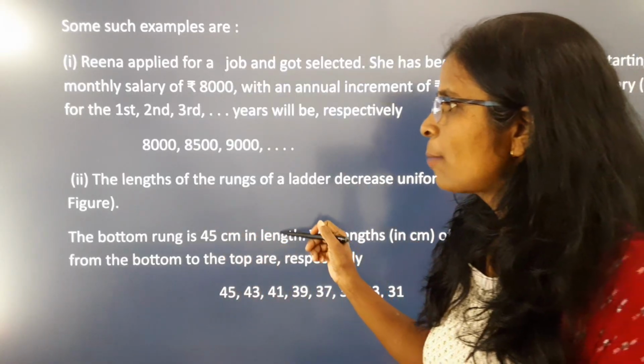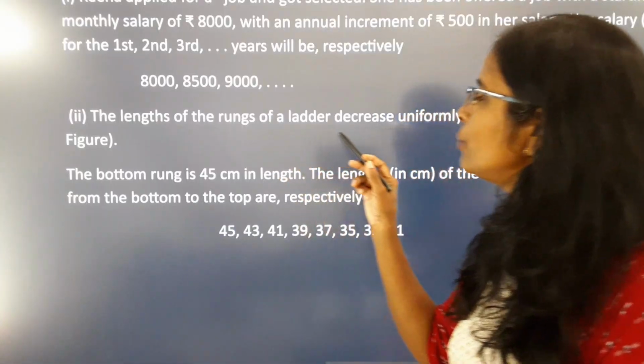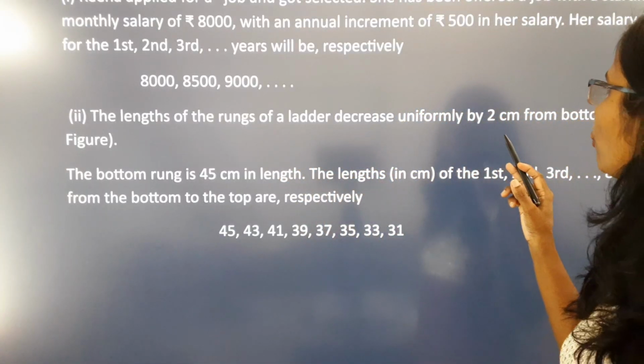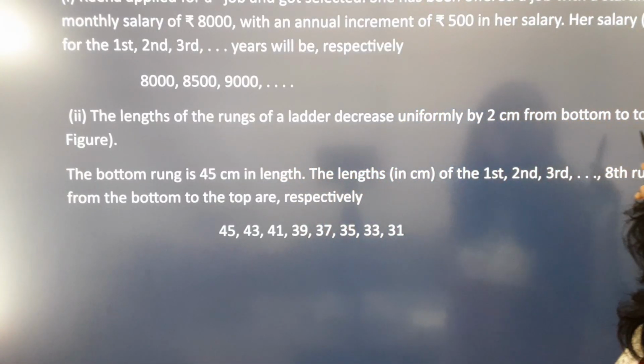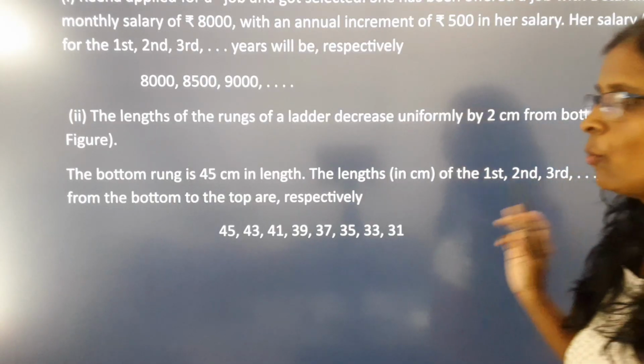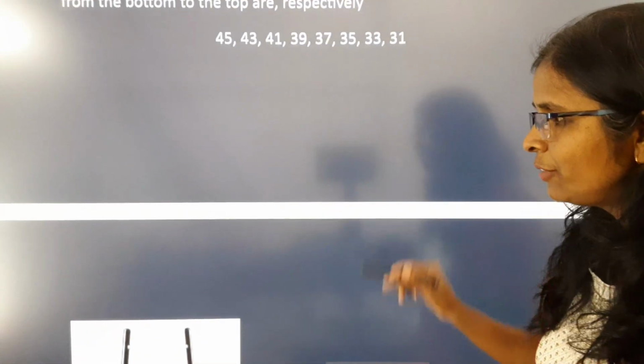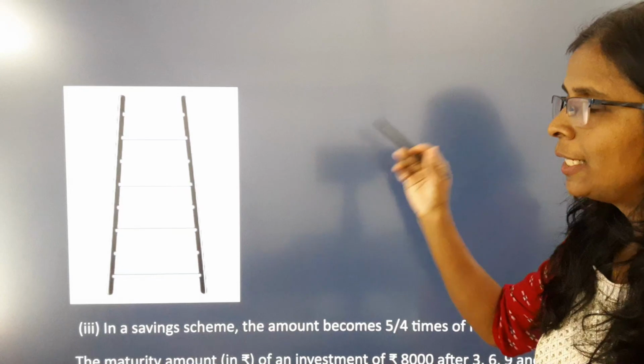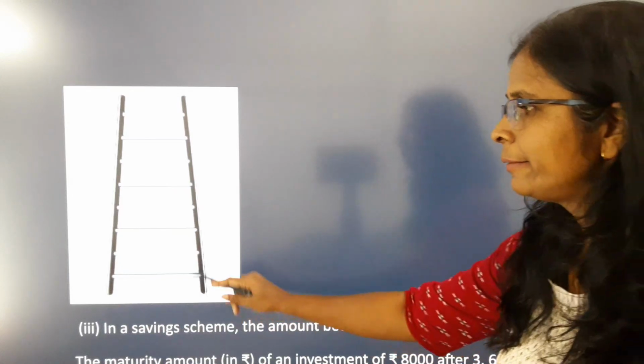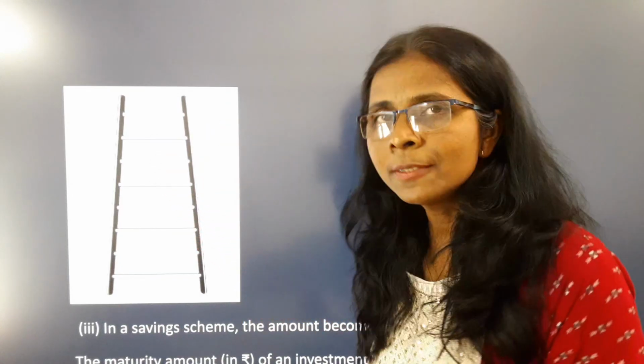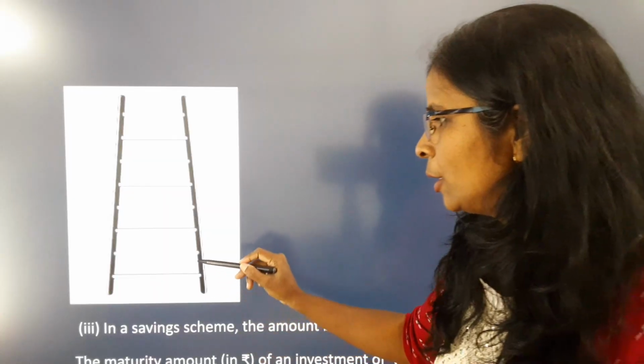Now the second example: the lengths of the rungs of a ladder decrease uniformly by 2 cm from bottom to top. See the figure of this ladder and its rungs.